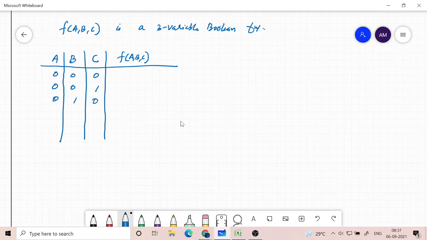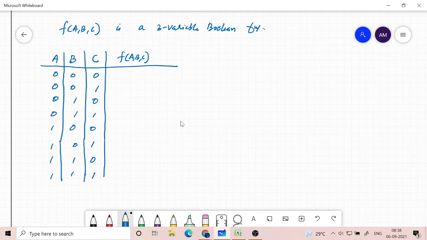0 0 1, 0 1 0, 0 1 1, then 1 0 0, 1 0 1, 1 1 0, then 1 1 1. So these are the 8 possibilities at the input. Now for each of the 8 possibilities I can have either 0 or 1.